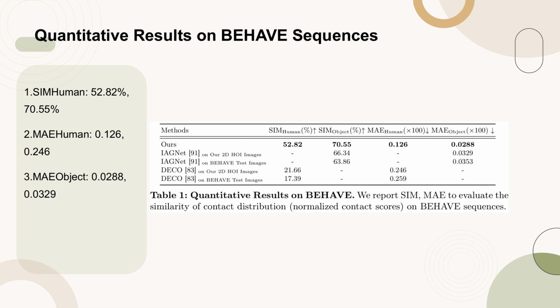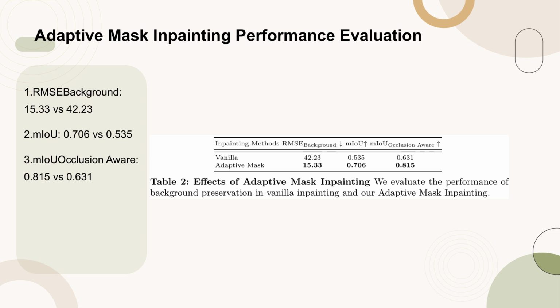for human-object interactions. Table 2 presents a comparative analysis of the performance of background preservation between vanilla in-painting and adaptive mask in-painting. The key metrics evaluated include RMSE background, MIoU, and MIoU occlusion aware. The results indicate that adaptive mask in-painting significantly outperforms vanilla in-painting in all three metrics.